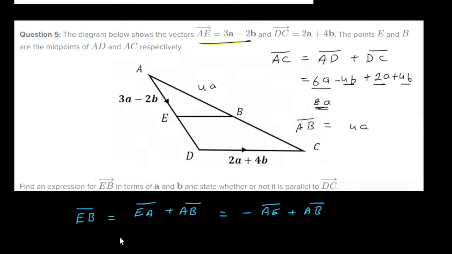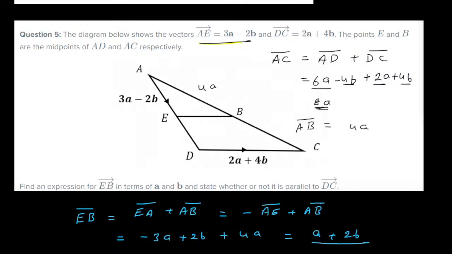So minus AE is minus 3a plus 2b, and then plus AB. AB is 4 times a. So what we get is 4a minus 3a is a, plus 2b.